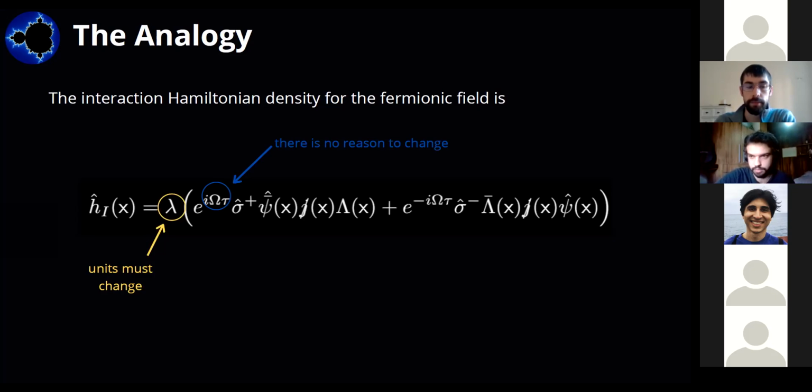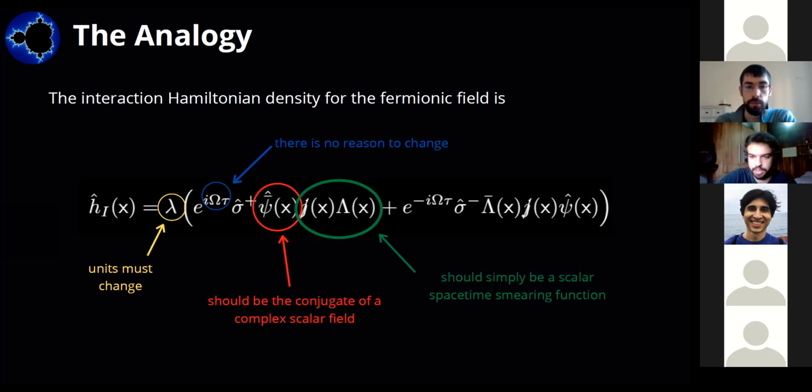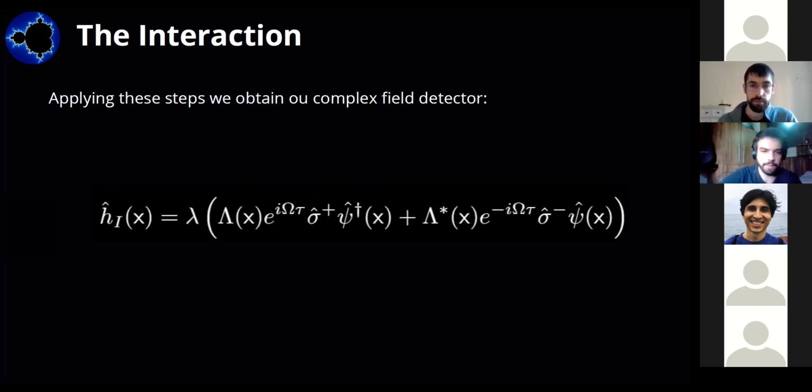The detector will still be a two-level system in this description. Of course, we will have to change the psi bar by complex fields, right? So instead of psi bar, we should have a psi dagger, because psi dagger is the one associated to the creation of particles, and so is psi bar. And finally, this space-time smearing function, instead of the spinor vector we had before, should just be a simple complex scalar function, right? So applying these changes, we get this interaction Hamiltonian density here.